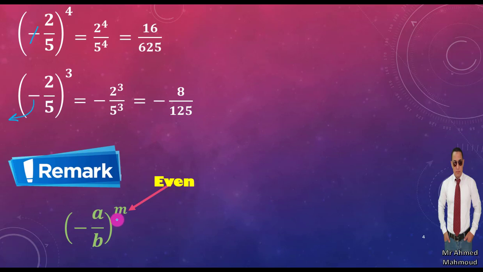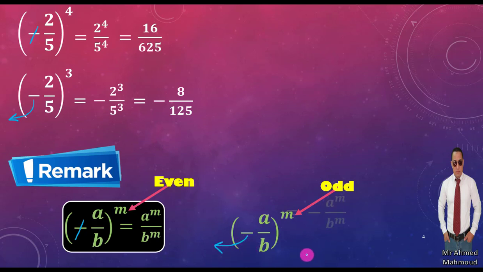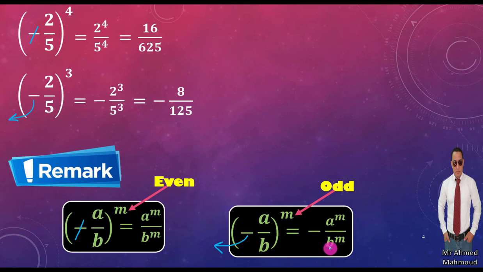If it is raised to an even power, we cancel the negative, so it will be a to the power of m over b to the power of m without the negative. But if we have negative a over b raised to an odd power, I make the negative outside the brackets, like this: negative a to the power of m over b to the power of m. Finally, the even power cancels the negative, and the odd power makes the negative outside the brackets. These are the rules of this lesson.